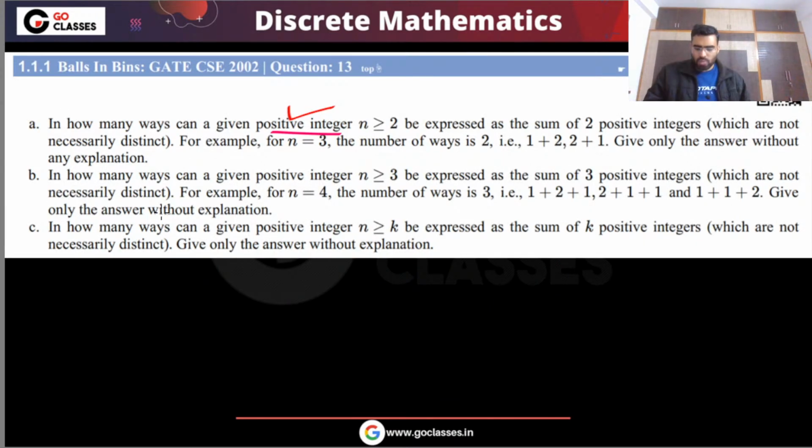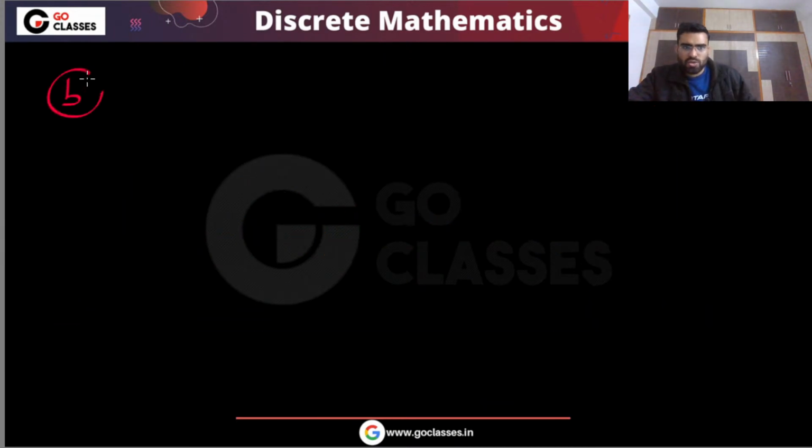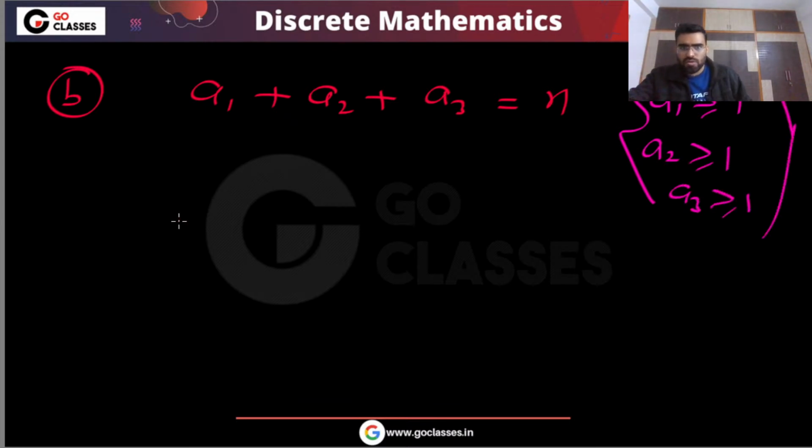Tell me what is the answer for option B. In option B, basically you have the summation of three integers. So option B is also very simple. In this you have a1 plus a2 plus a3 equal to n. And remember, the condition is a1 must be greater than or equal to 1, a2 must be greater than or equal to 1, a3 must be greater than or equal to 1. So what should I do?